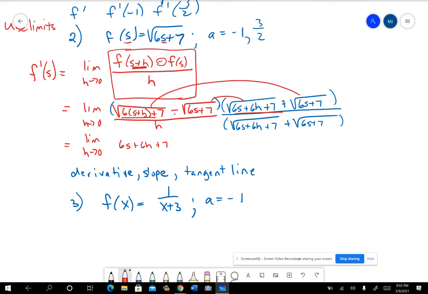Then the minus times the plus is minus, and then the square root of 6s plus 7 times itself would just be 6s plus 7, but be careful because you're subtracting all of that. And you still have the h together with the 6s plus 6h plus 7, then plus square root of 6s plus 7 down here. Okay.